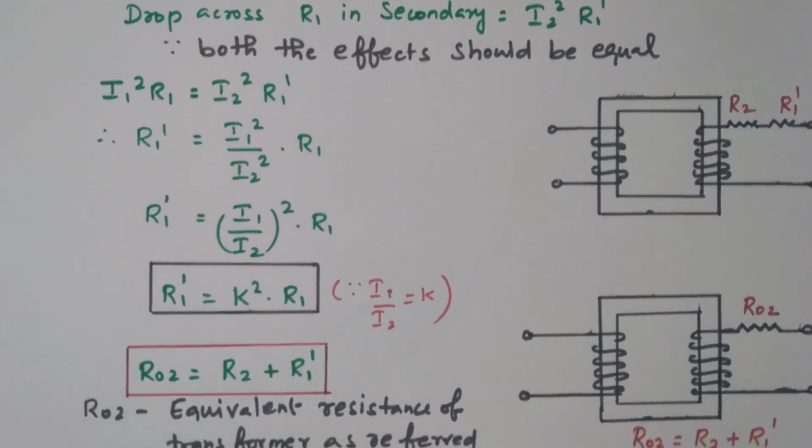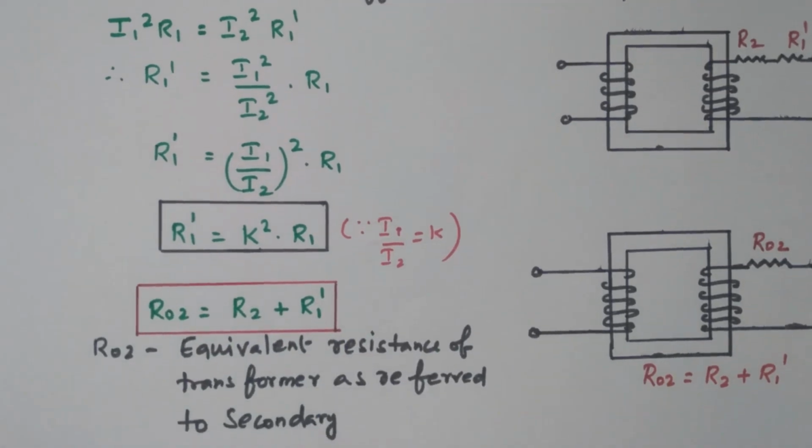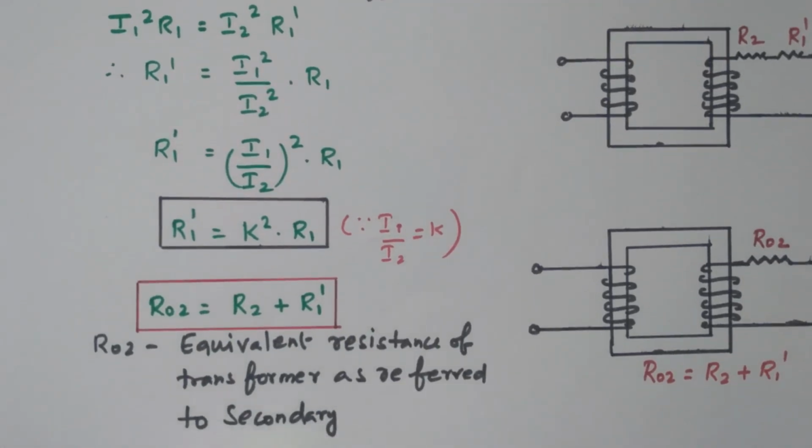So we can say that the total resistor in the secondary side is R2, already available, and while transferring the primary it is R1 dash. That can be written as R02, the equivalent resistance of the transformer as referred to the secondary. This is R02. See this diagram.